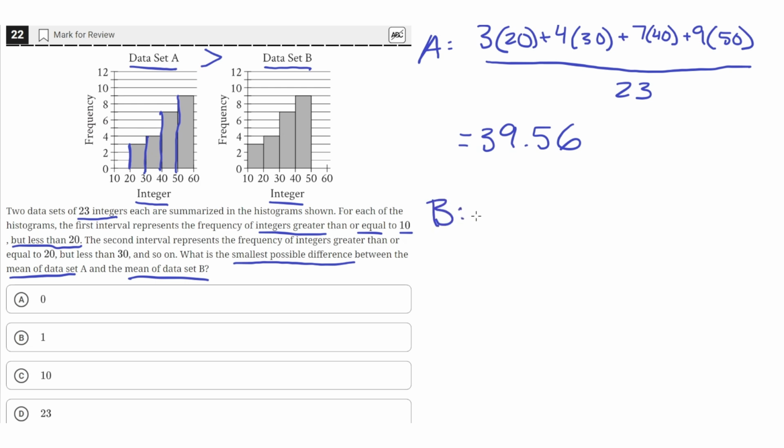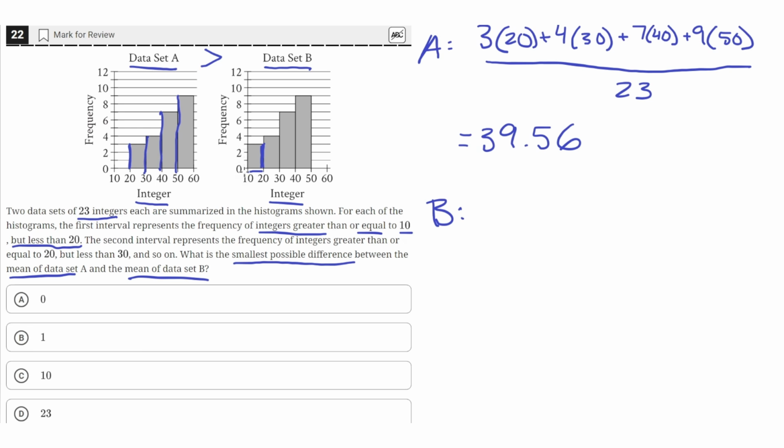But this time, since B's mean is smaller than dataset A, since B is including values from 10 to 20, so it's like the dataset of A, but shifted a little to the left, making the mean smaller. We want to find the largest possible mean for dataset B. So then we'll use boundary points on the right side instead. So here in this range from 10 to 20, it's saying that there are 3 values.